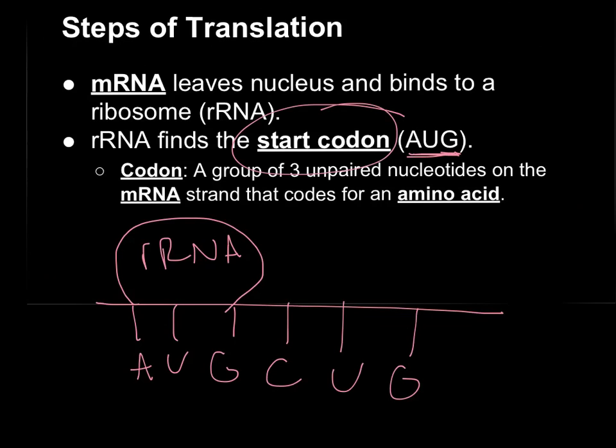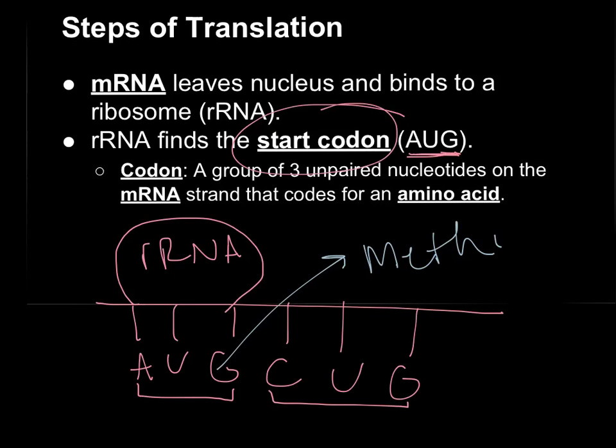We call those three unpaired nucleotides on that mRNA strand a codon. So this right here, AUG, is a codon. CUG is another codon. Those three letters are going to code for what we call an amino acid. So for example, AUG is going to code for the amino acid methionine.